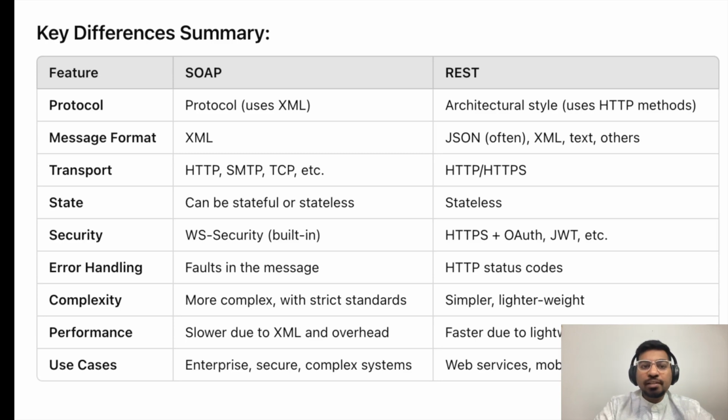So SOAP is basically used if you want great security and more complex things, for high security. But the problem with SOAP is that it is very difficult to create and very difficult to deal with SOAP APIs, and it makes systems slow but high in security.